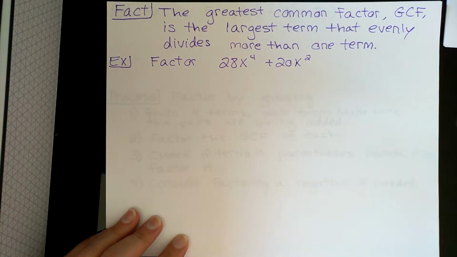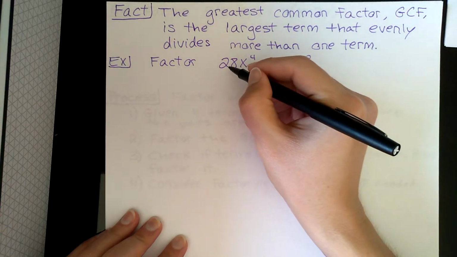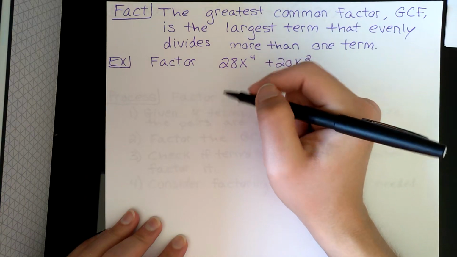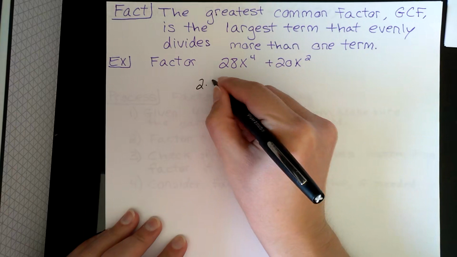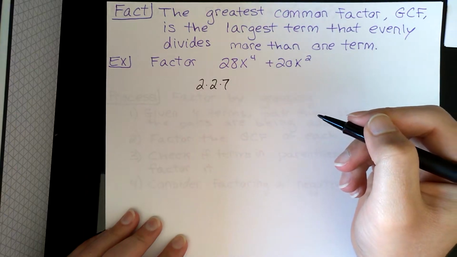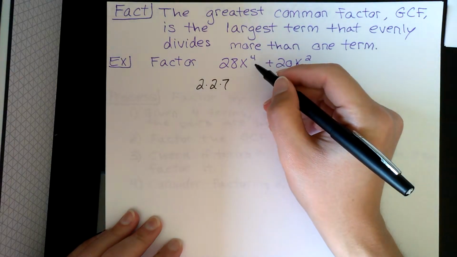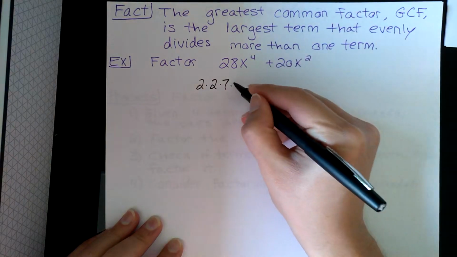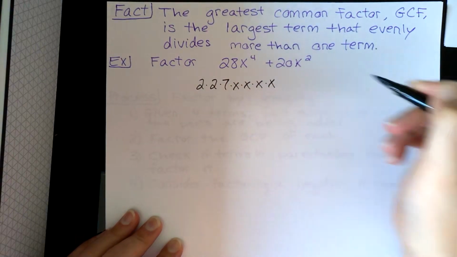So for instance, this 28x to the fourth, 28, if you were to do its prime factorization tree, you would get 2 times 2 times 7. And x to the fourth just means 4 x's multiplied to each other. X times x times x times x.